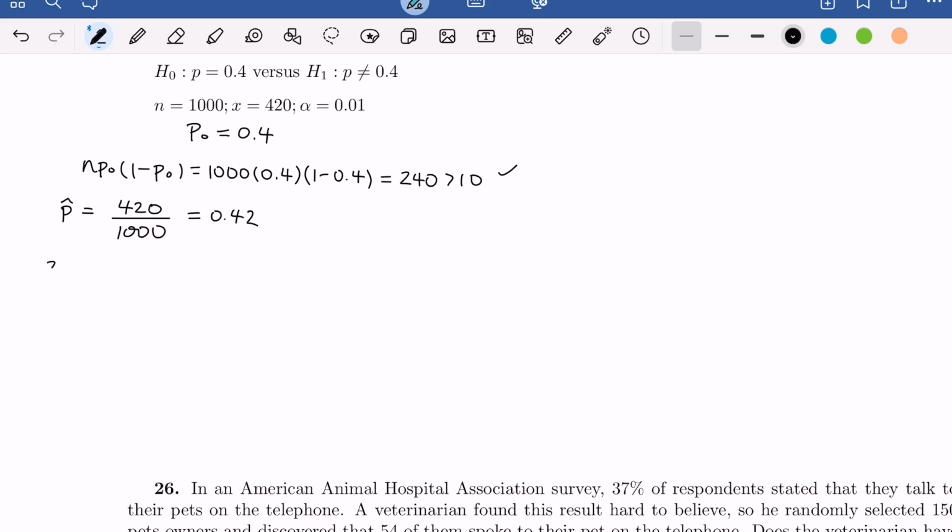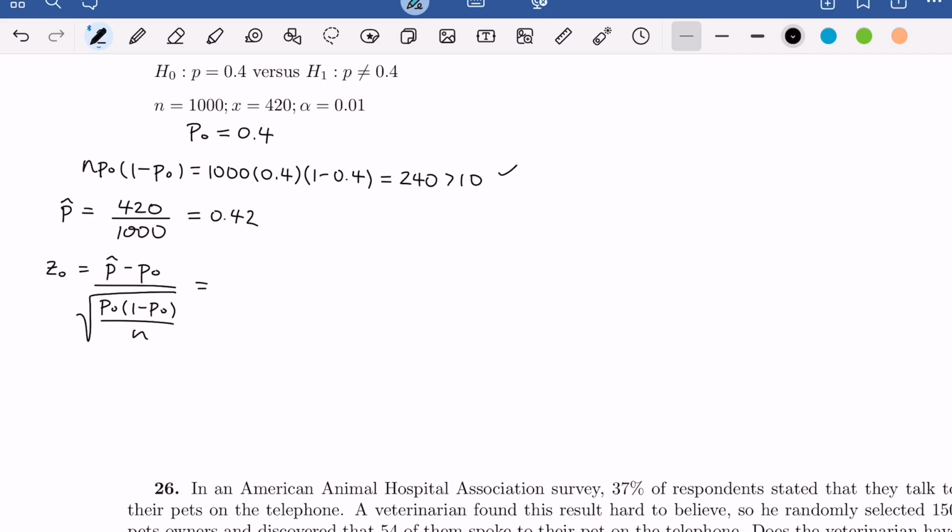So our statistic is this z naught value, and it's given by this formula. This whole thing is under the square root.